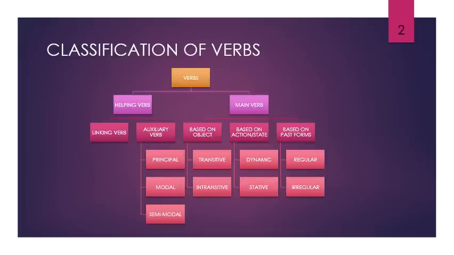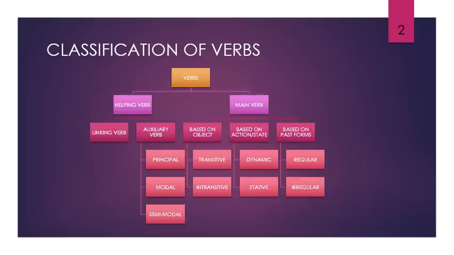This chart shows the classification of verbs. Verbs in broad category may be of two types, helping verb and main verb. Helping verbs may be divided into two further categories, linking verbs and auxiliary verbs, wherein auxiliary verbs may be further classified as principal auxiliary, modal auxiliary and semi-modal auxiliary verbs.